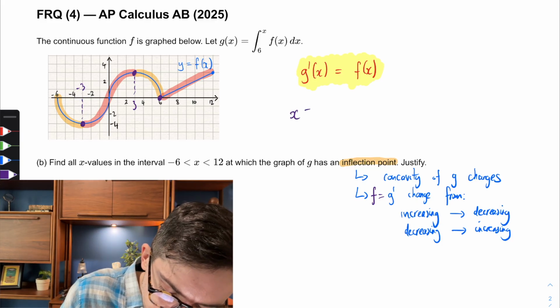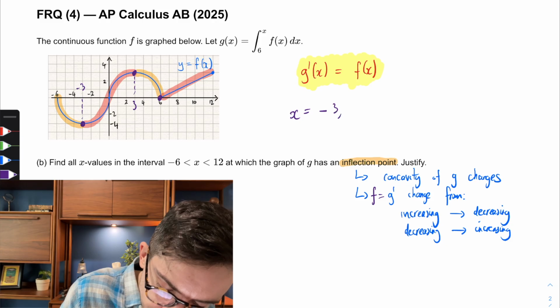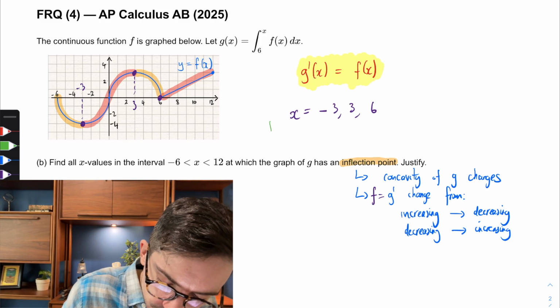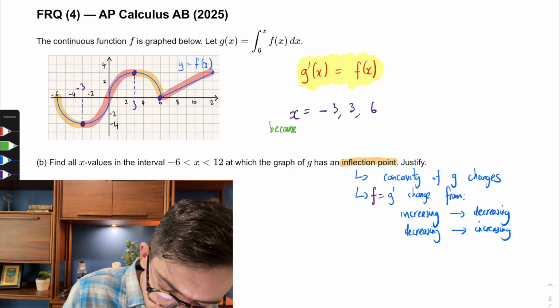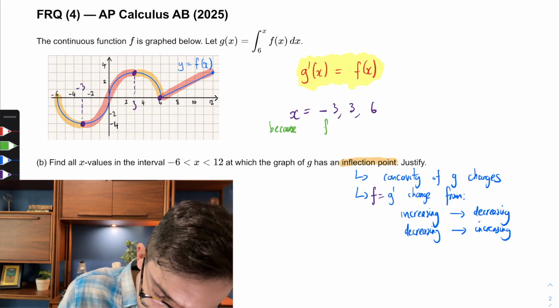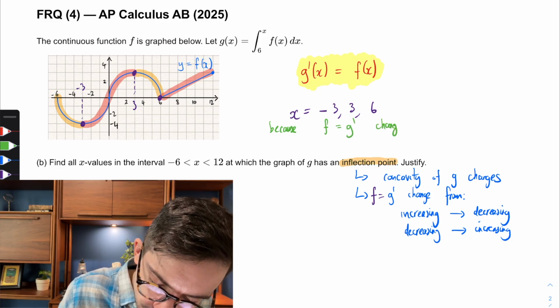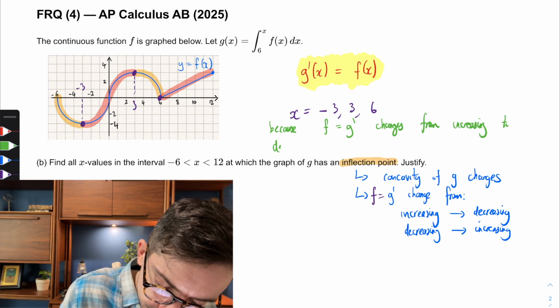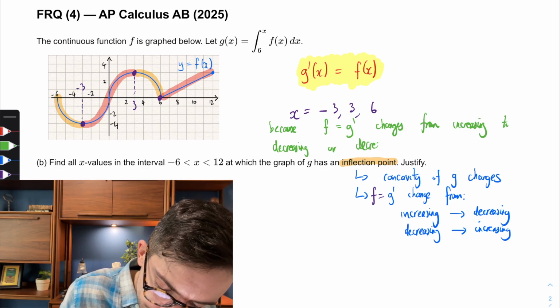So x equals -3, 3, and 6, because f, which is equal to g prime, changes from increasing to decreasing or decreasing to increasing.